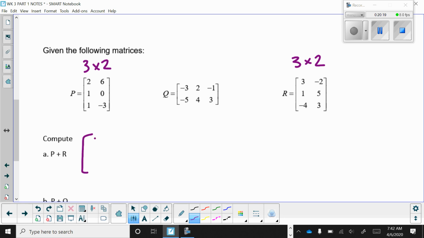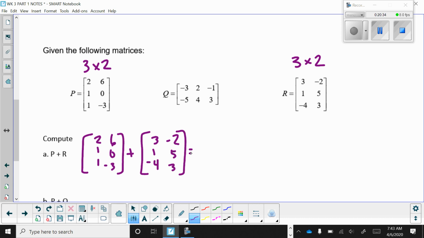So here's P. We're going to add it to R. And here's what that means. The first entries get added together. That's the 2 and the 3.